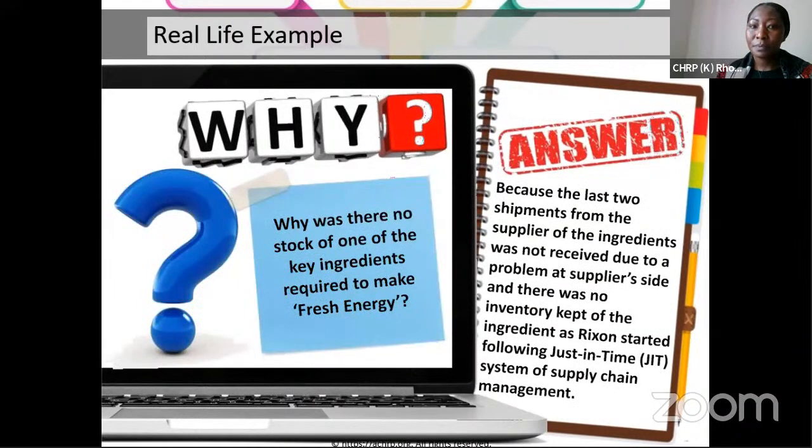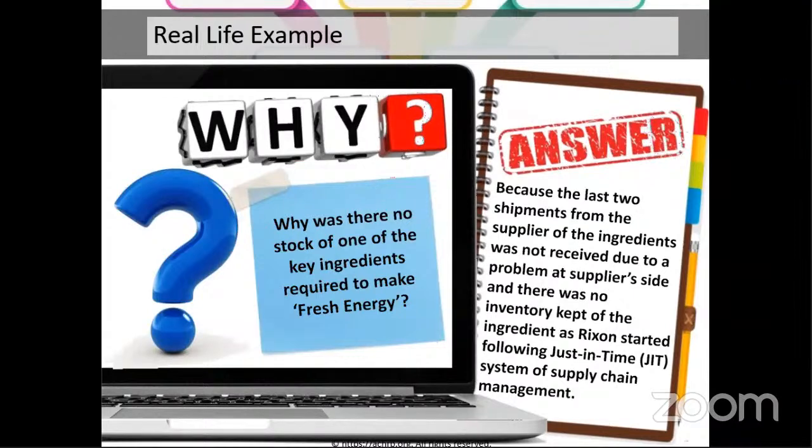The second why is, why was there no stock of one of the key ingredients required to make Fresh Energy? The answer is because the last 2 shipments from the supplier of the ingredients were not received due to a problem at the supplier side, and there was no inventory kept of the ingredient as Rickson started following the just-in-time JIT system of supply chain management.